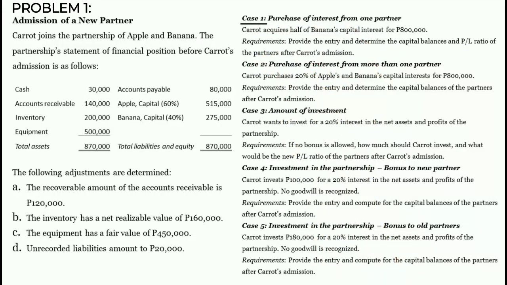Case 1. Purchase of interest from one partner. Carrot acquires half of Banana's capital interest for 800,000 pesos. Requirements: provide the entry and determine the capital balances and profit or loss ratio of the partners after Carrot's admission.